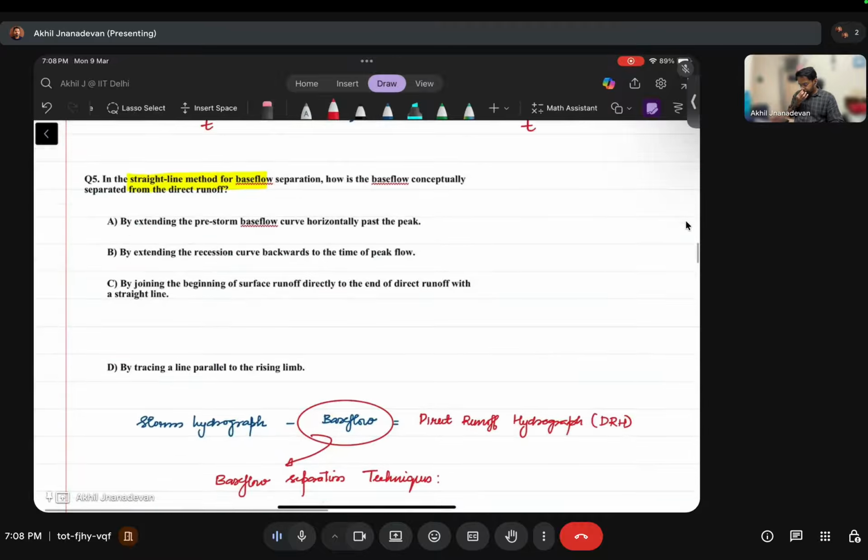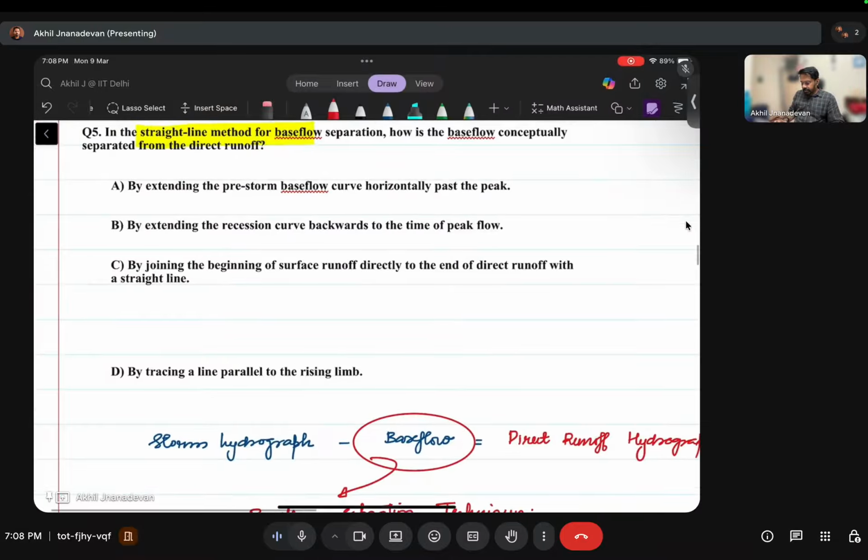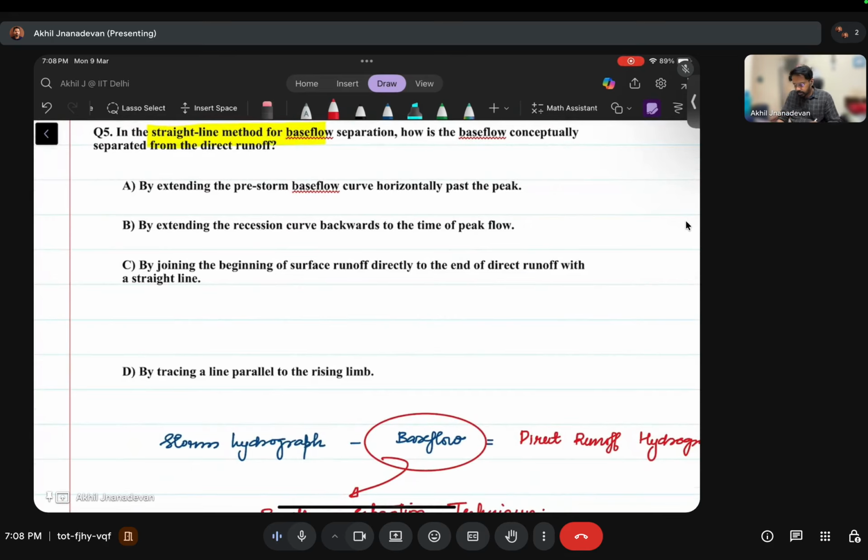So we can see the options now. By extending the pre-storm base flow curve horizontally past the peak, no. By extending the recession curve backwards to the time of flow, no. By joining the beginning of surface runoff directly to the end with a straight line, yes, that is what we just did.